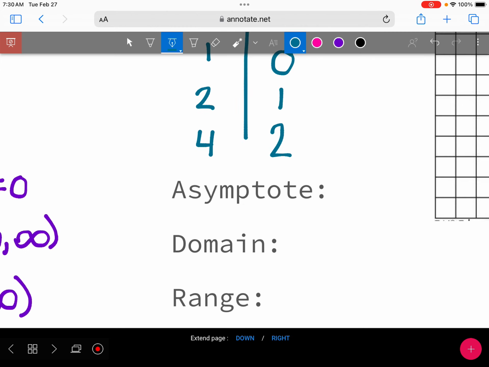Remember, we're taking all of our x's and all of our y's and making them change places. So my asymptote is no longer y equals, it's going to be x equals 0.